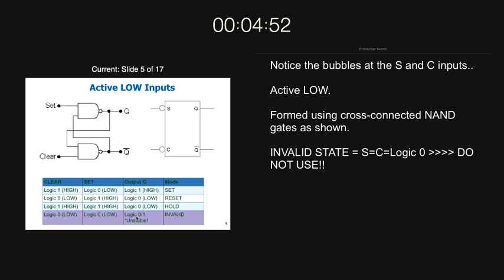So once again, the set-clear flip-flop is exactly the same as the set-reset, just a little different terminology. Clear and reset mean the same thing, i.e. output Q is low. If we want active low inputs, then we make the flip-flop using NAND gates. If we want active high inputs, then we use NOR gates. It's just that simple.